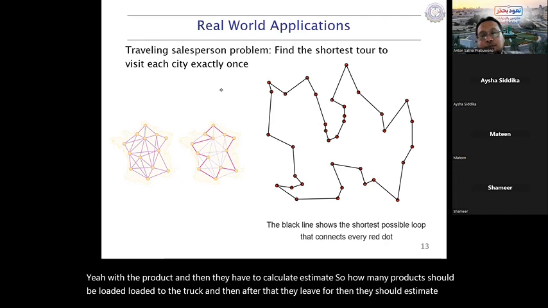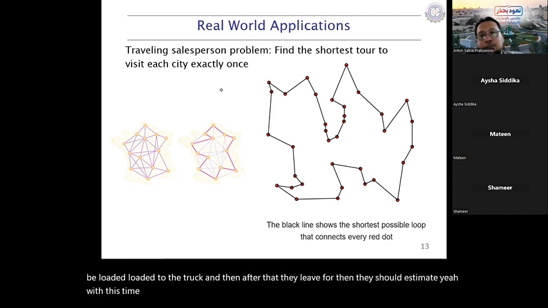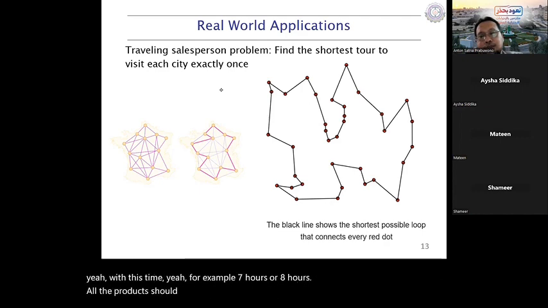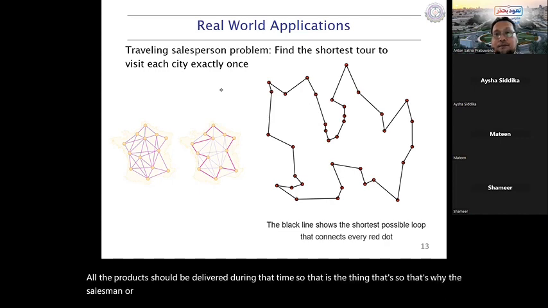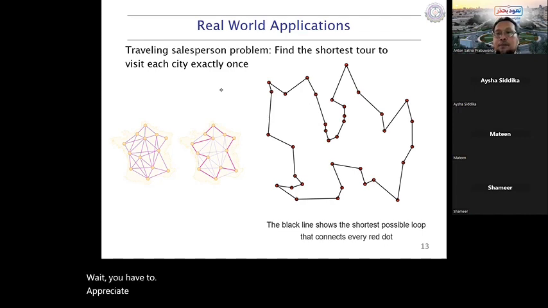With this time, for example 7 or 8 hours, all the products should be delivered. So that's why the salesperson must find the shortest way to deliver the product, to reach the customers or outlets.